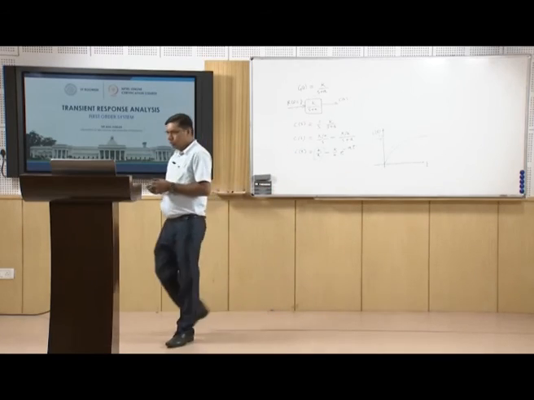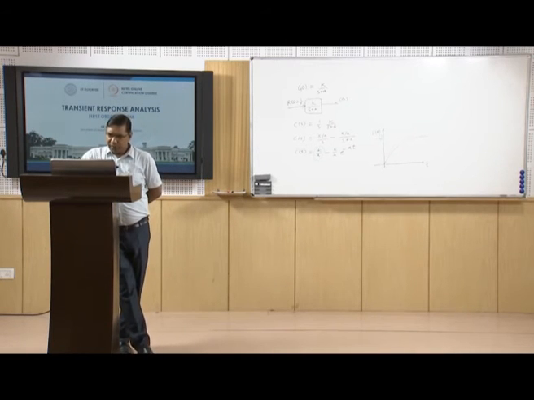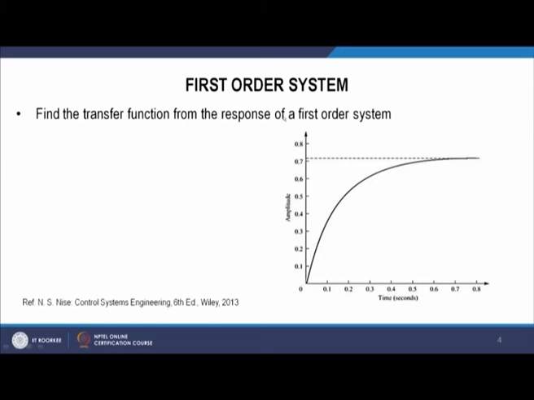So let's see here, we have to find the transfer function from the response of a first order system, and this is a response, you can see time varying from 0.1 to 0.8 seconds, and the response is varying from 0 to here 0.72, the steady state value.